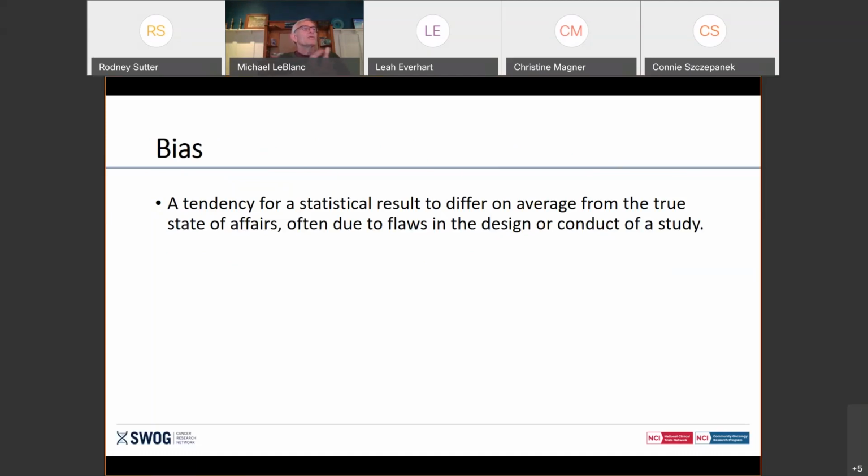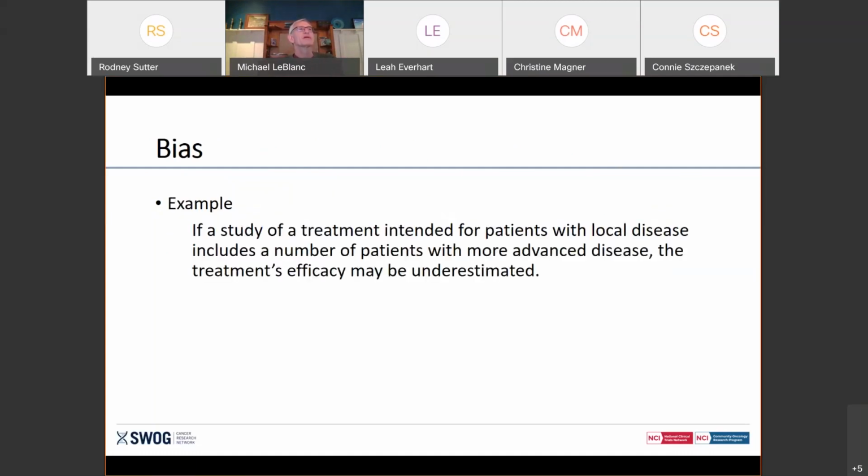So what's another statistical concept? Well, that's bias. In words, it is the tendency for a statistical result to differ on average from the true state of affairs, often due to flaws in design or conduct of a study. It's a lot of words, but basically it means no matter how much data we collect, we're going to get the wrong answer. An example of that: if a study of treatment intended for patients with local disease includes patients with more advanced disease, the treatment's efficacy might be underestimated.